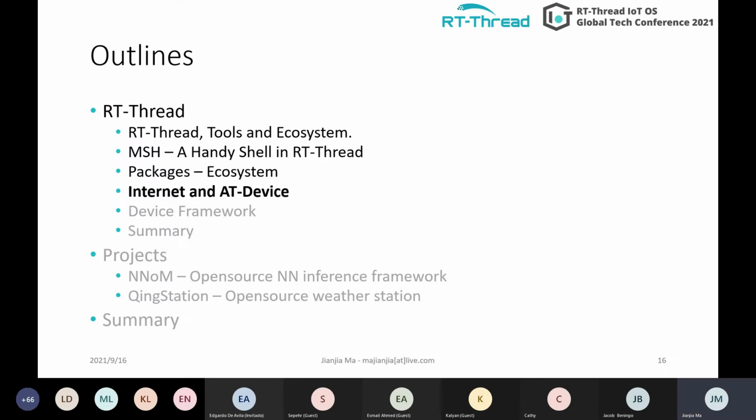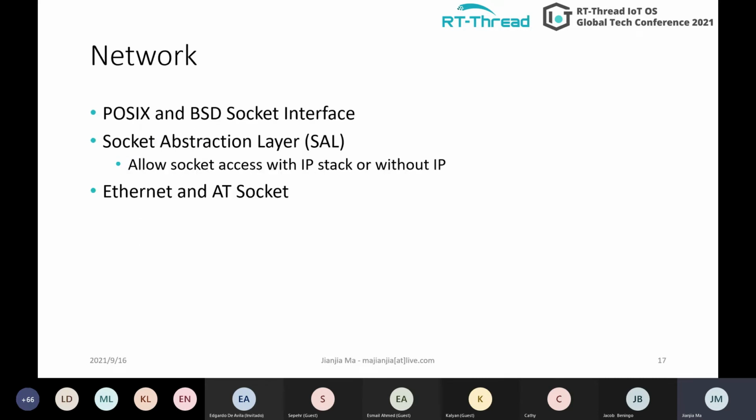I would say the structure is very common and used all around RTThread, so hopefully it can give you more information beside the previous presentations by other people. First, for the network, RTThread provides the POSIX interface and the BSD socket interface, which is very useful.